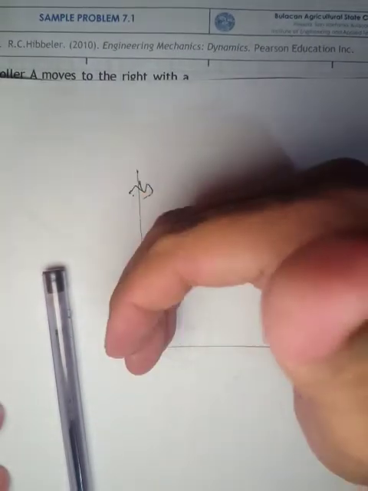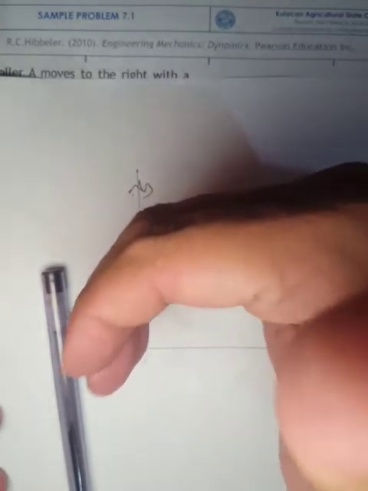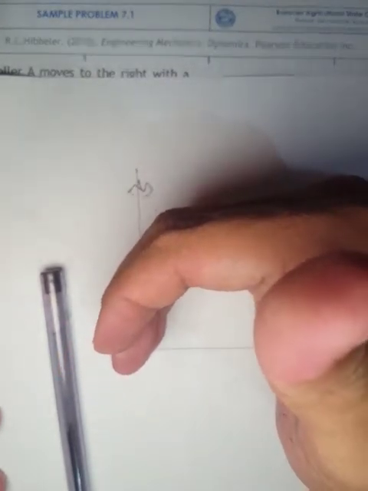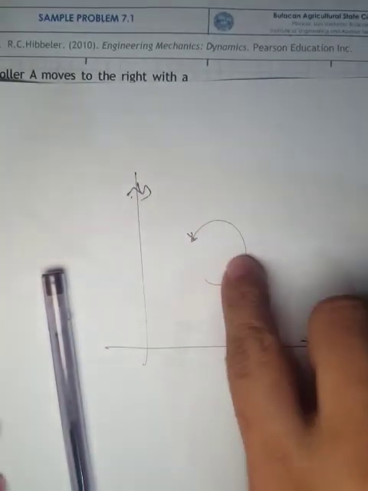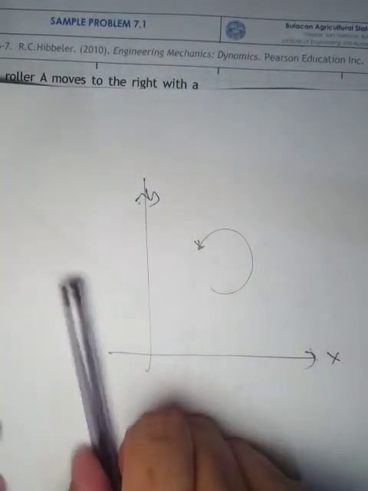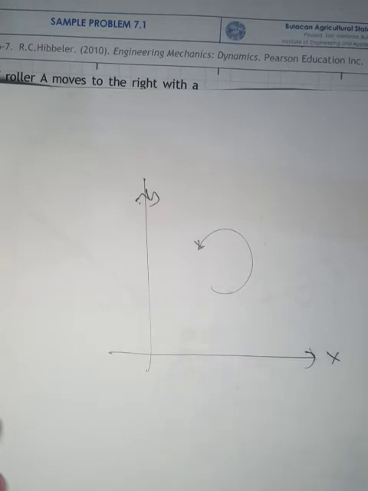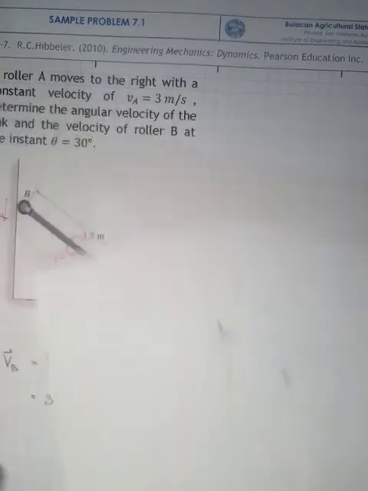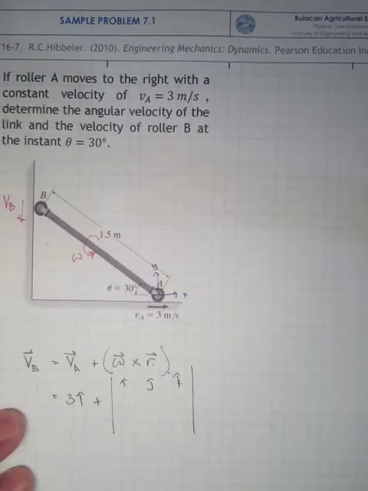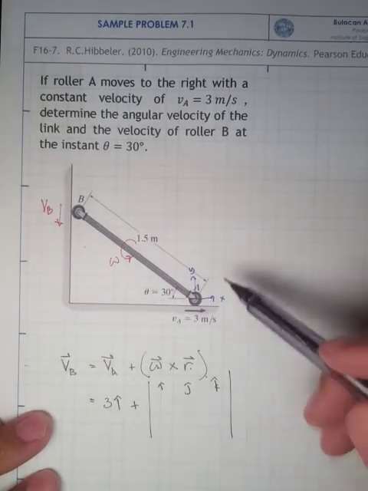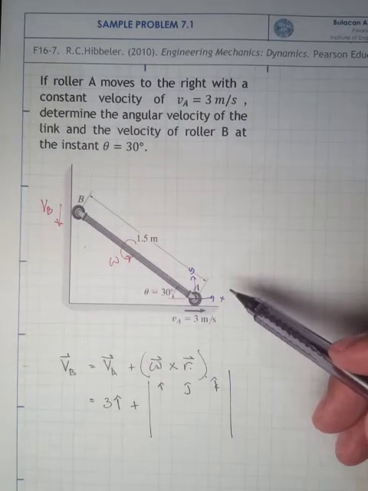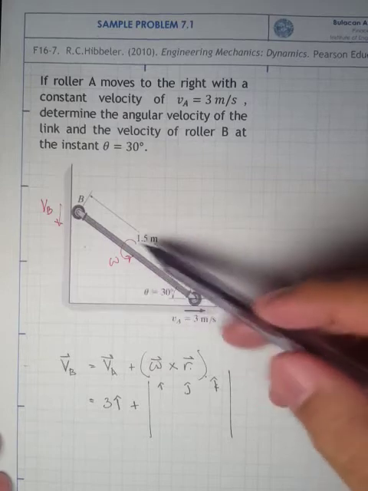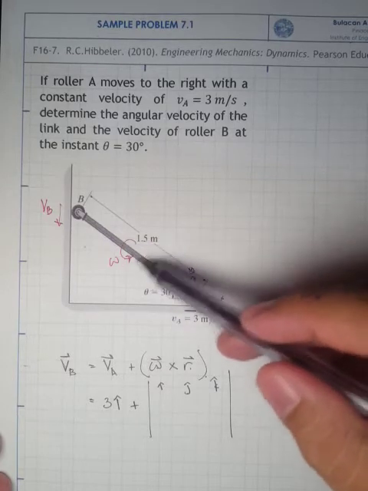So if it is counterclockwise, then you are along the positive z-axis. But if that is clockwise, then your vector is actually pointing along the negative z-axis. All right, so I hope that clarifies some confusion over the vectors here.